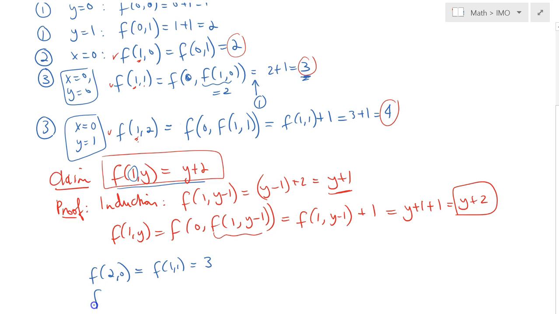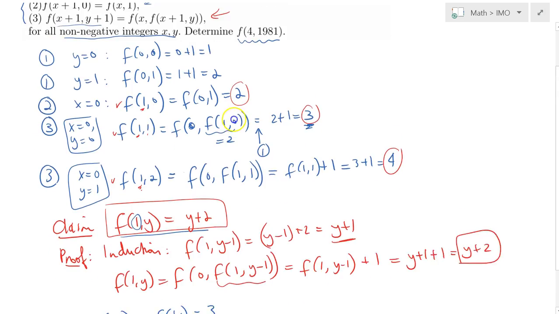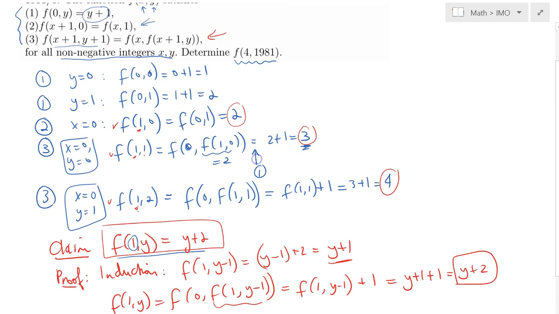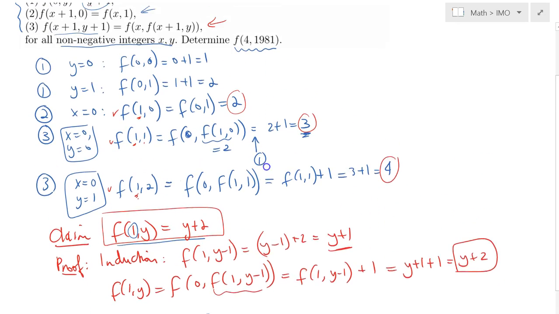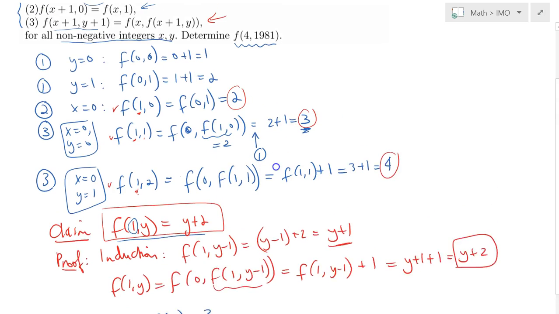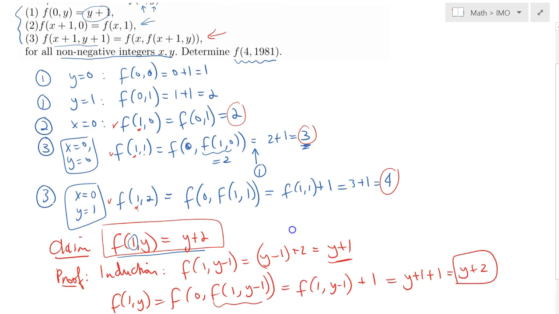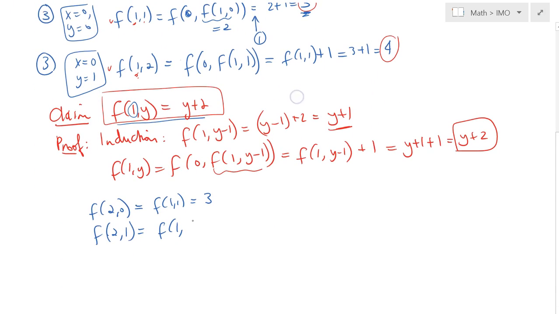Now let's investigate further the first component for being 2, and see how far we can take this argument. In this case, I will be using the third rule: replace x with 1 and y with 0. f of 1, f of 2, 0.